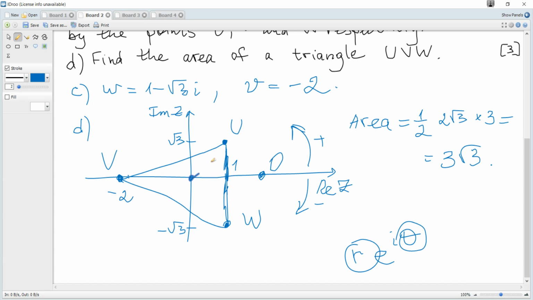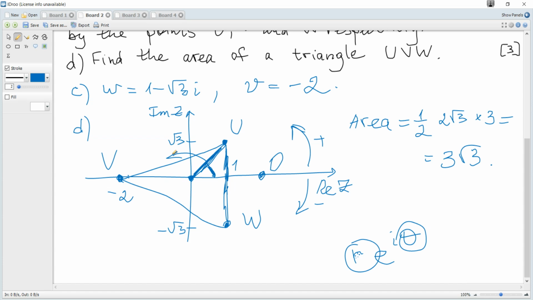And if we do rotation only, the modulus remains the same, so the distance from the origin remains the same, but the angle increases by pi over 4. Why increases? Because we rotate anticlockwise.